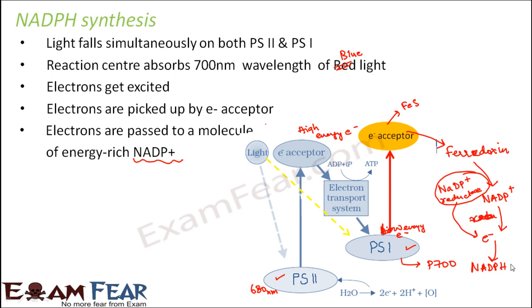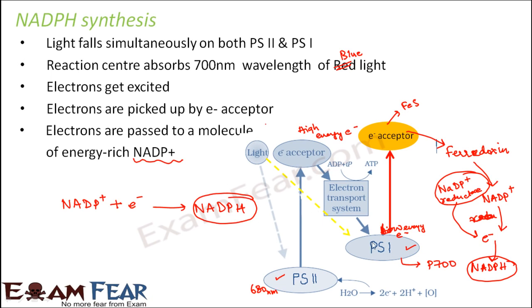This NADPH is released into the stroma and is utilized for the dark reaction. NADP+, when it gets the electron, forms NADPH. This is how the synthesis of NADPH takes place.